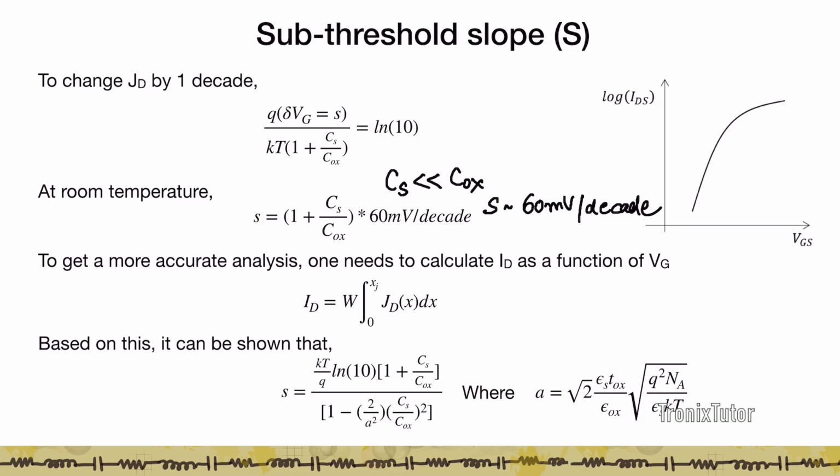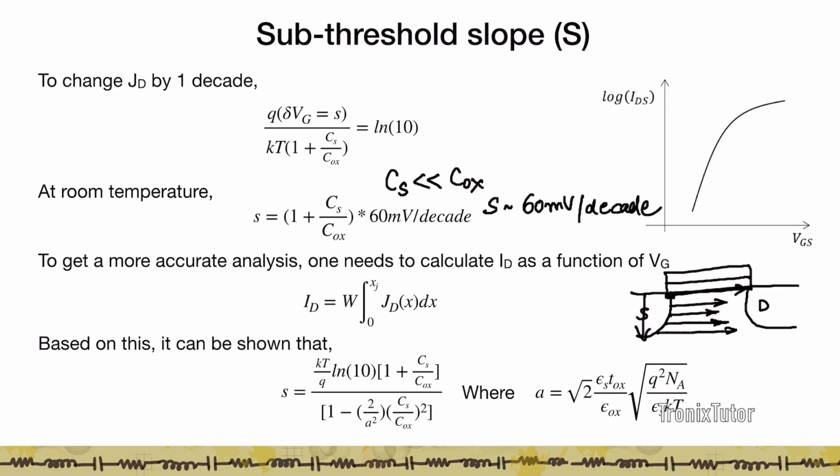In reality, you're going to have current flowing across the entire source drain region. In the transistor, we blocked it up as one current just at the surface. In reality, there's going to be some current along the entire junction depth of the source, and so that needs to be accounted for.